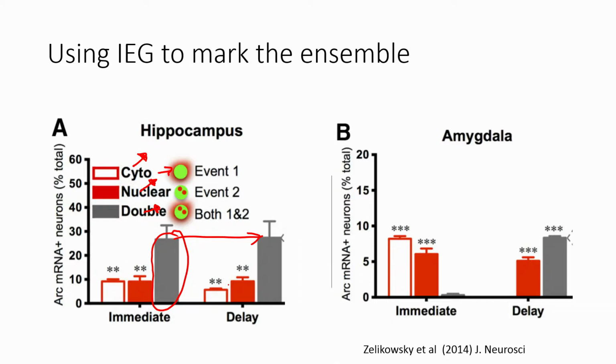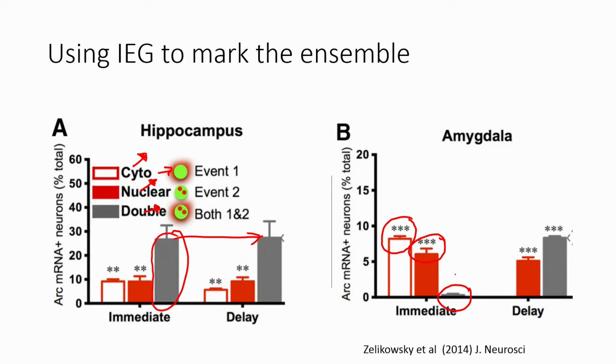On the other hand, if you look at the amygdala, what you see is this beautiful dissociation. In the immediate shock, you do not see the double events at all. There is a set of neurons that are getting activated for the first event. There is another set that gets activated during the retrieval event.